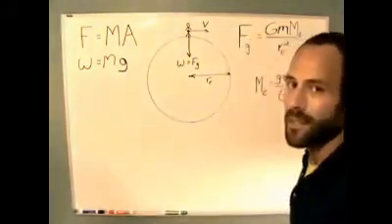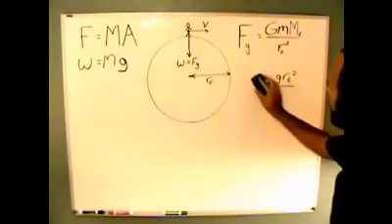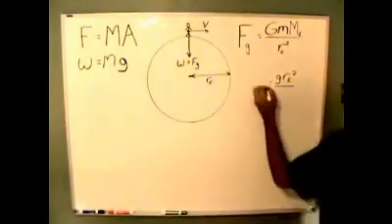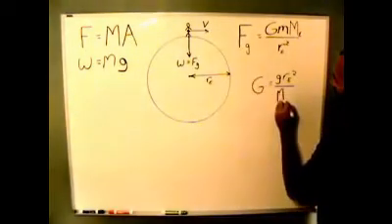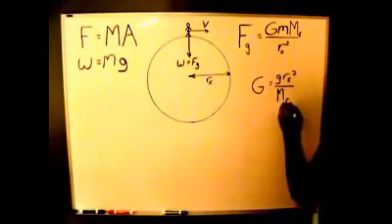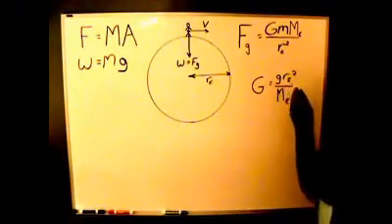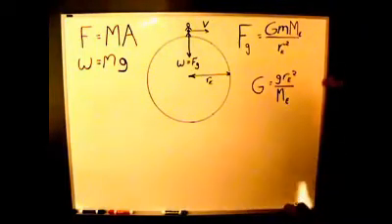What if they did this? Or if Cavendish did this? What if he said G is equal to the acceleration due to gravity, as he would have called it, times the radius of Earth squared divided by the mass of Earth.